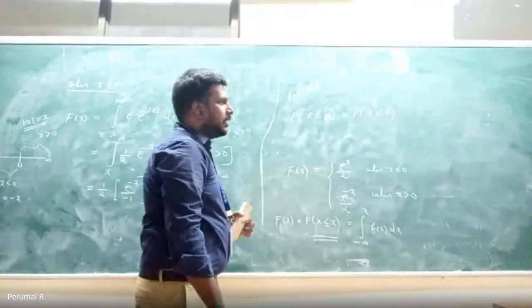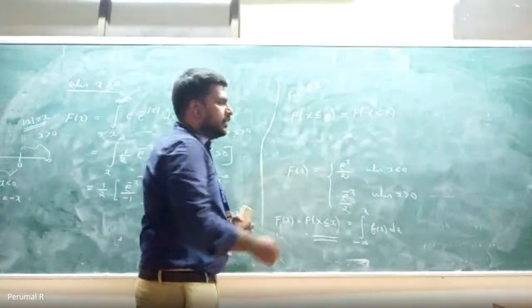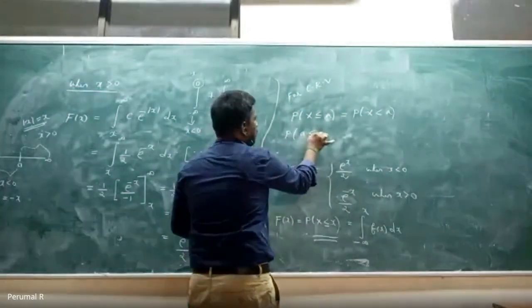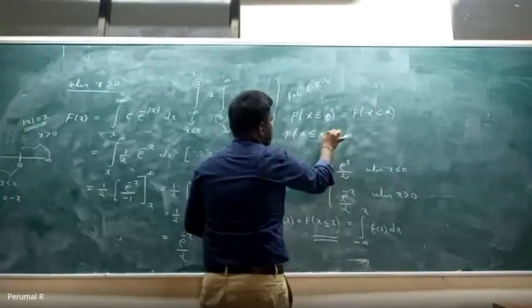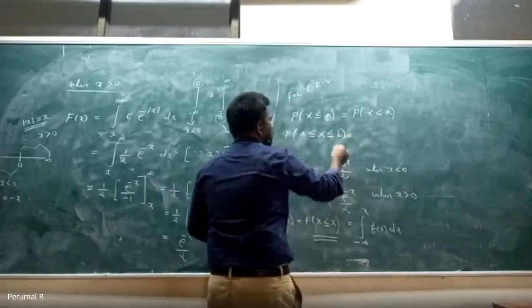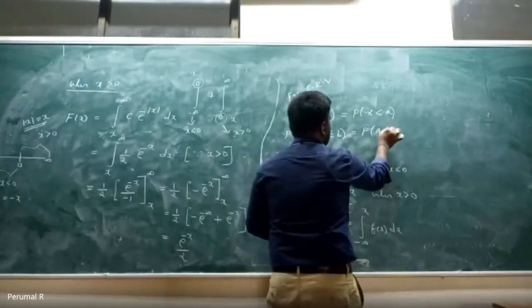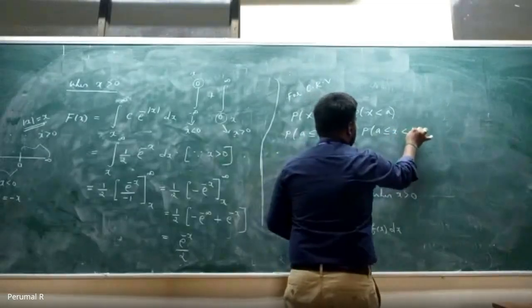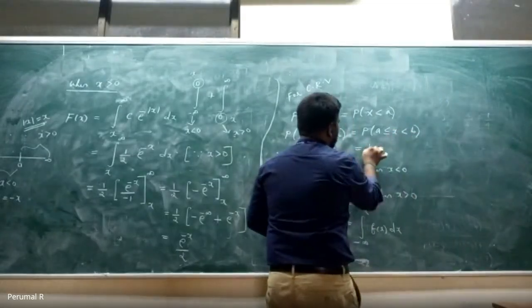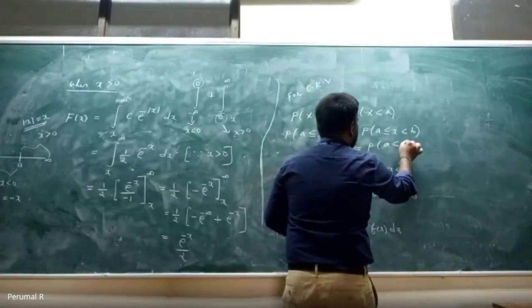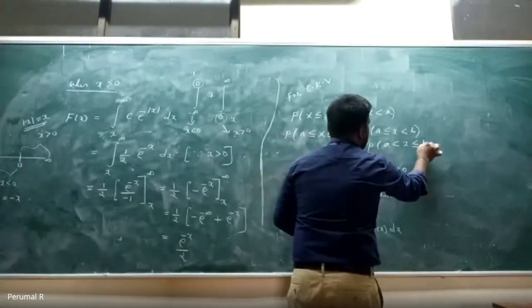Similarly, the probability of a less than or equal to X less than or equal to b is equal to the probability of a less than or equal to X less than b, and also equal to the probability of a less than X less than or equal to b.